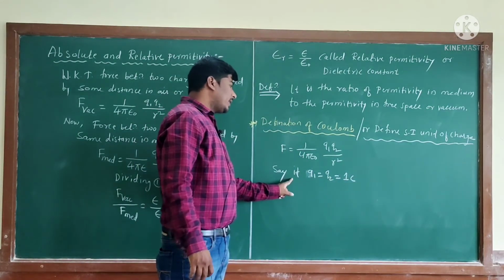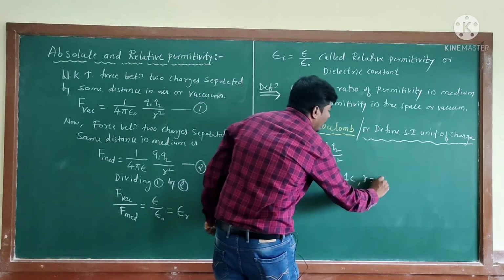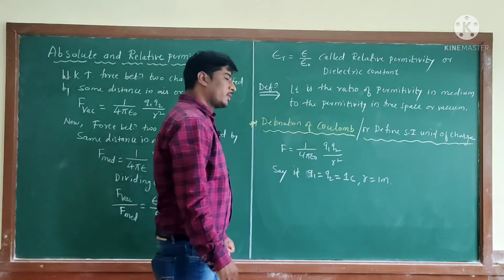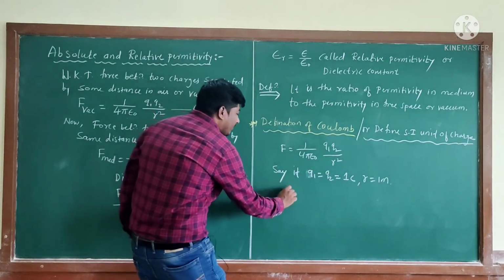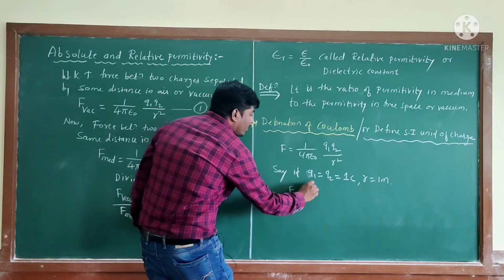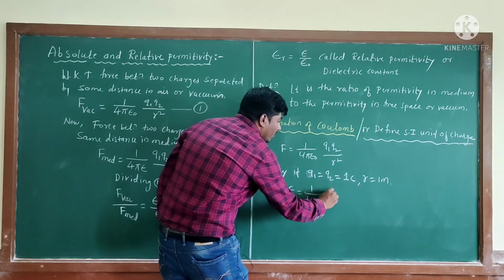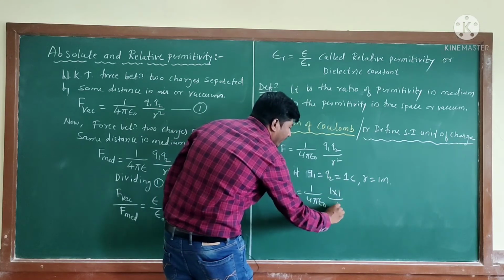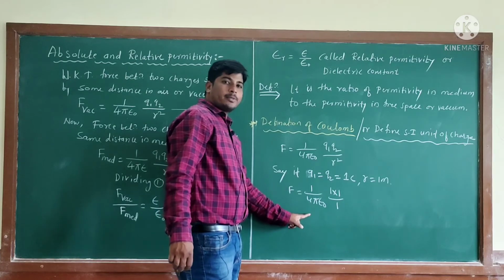Let us take 1 Coulomb. R is equal to 1 meter, let us say. Then we get F is equal to 1 divided by 4 pi epsilon naught into 1 into 1 divided by 1. We know the value of 1 by 4 pi epsilon naught.